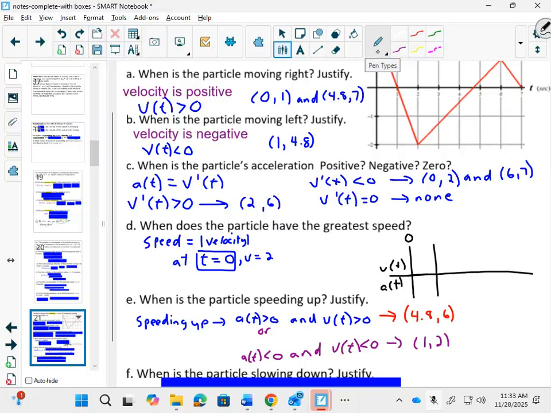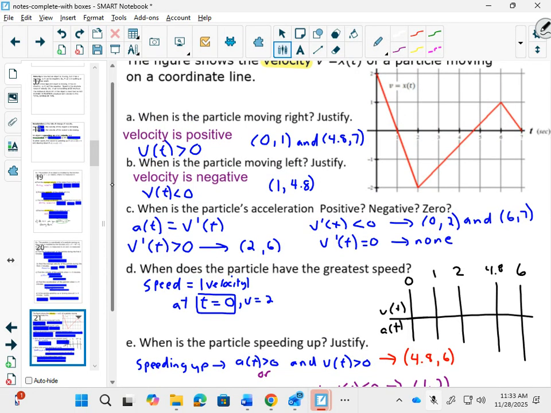So I'm going to put 1 on here. Acceleration changes at 2. So I'm going to put 2 on here. Next time there's a change in one of them is at 4.8. I'm going to put 4.8 on here. And 6. Something changes.